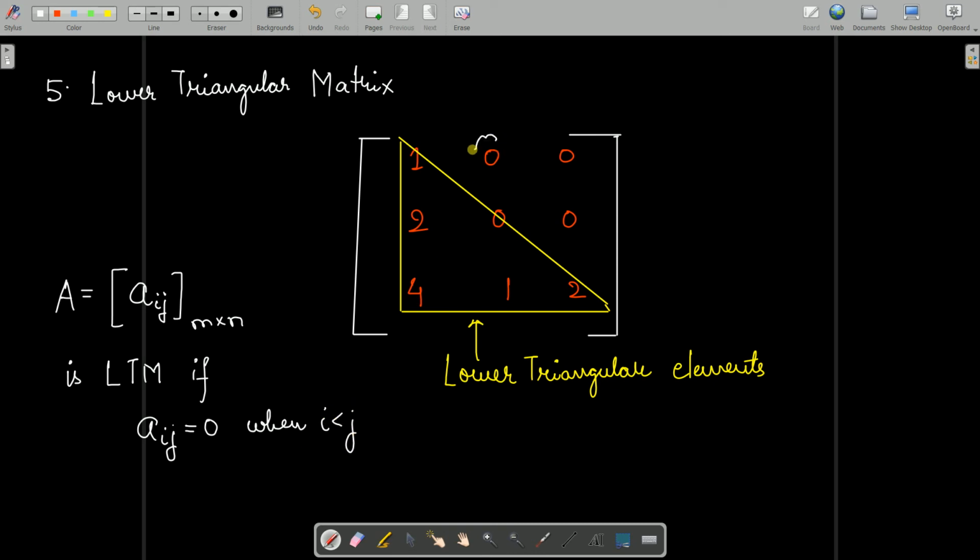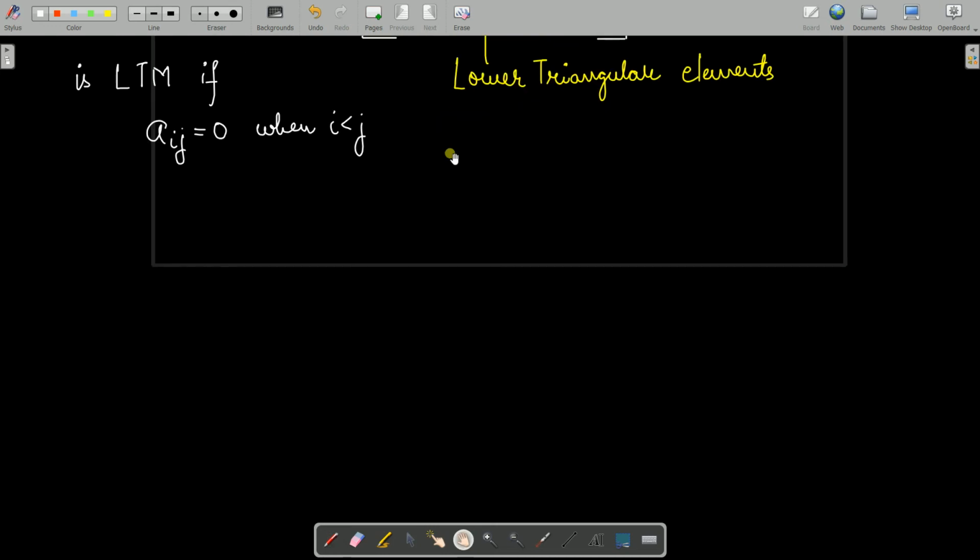It means this part, this element, this element. All these elements have to be 0 whenever i is less than j. That is the meaning. The rest of the elements may or may not be 0, but all these elements have to be 0. Similarly, number 6, we have the upper triangular matrix.